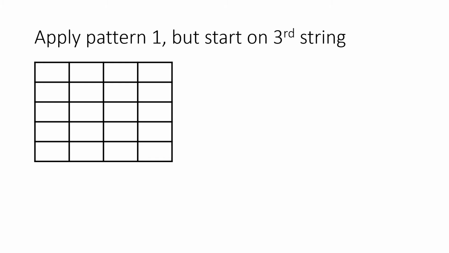What if we start on the third string? Root, second note, third note, fourth note, fifth note, back to the root, and going backwards, fifth note, fourth, third, second, first, back to the fifth.